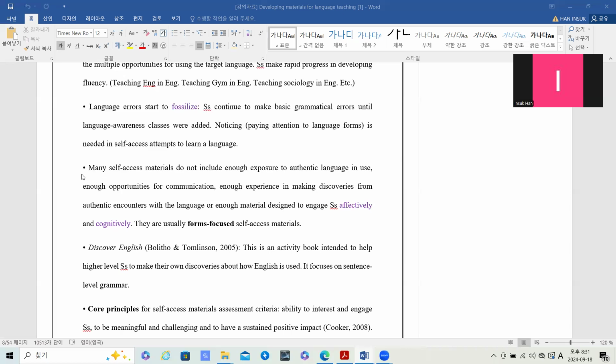I think in this sentence, the self-access materials mean some course books. Many of the course books focus on form-focused self-access materials. So such course books usually do not consider the students' engagement by their affective and cognitive endeavors.